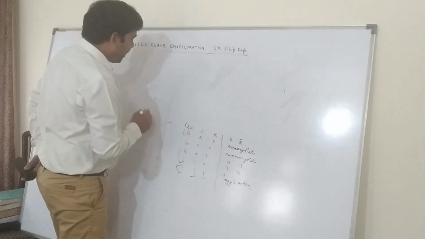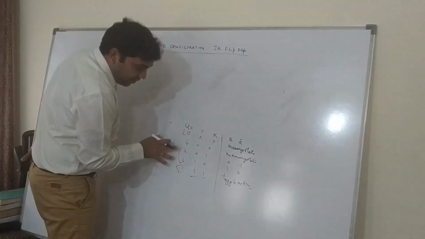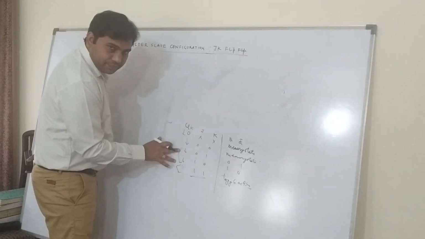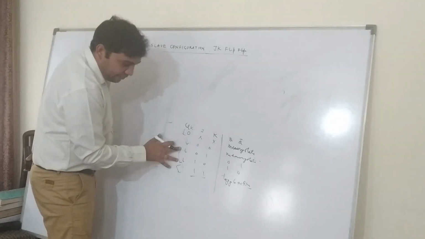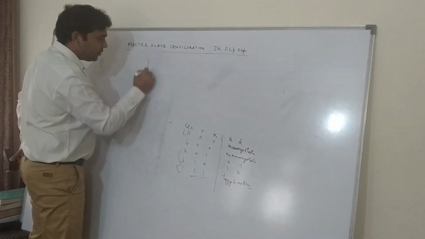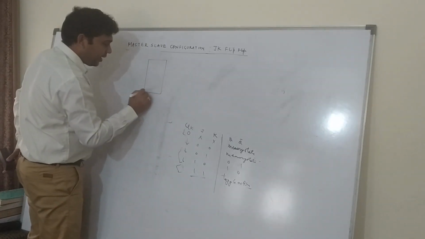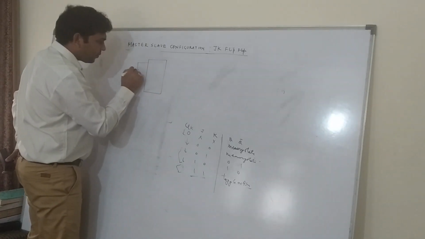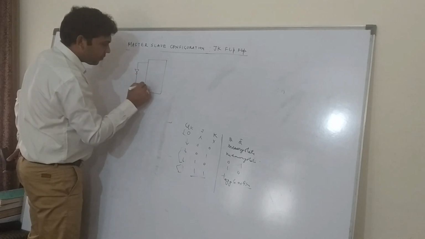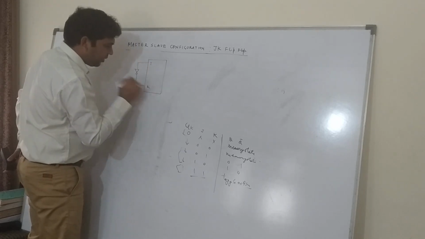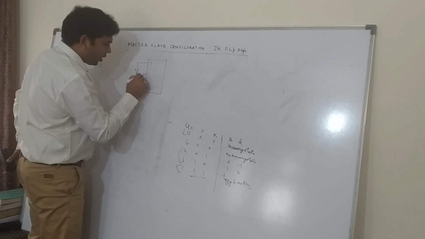So what we can do is we can have a D flip flop instead of a JK flip flop. So this is J, this is K, and you have a clock here.